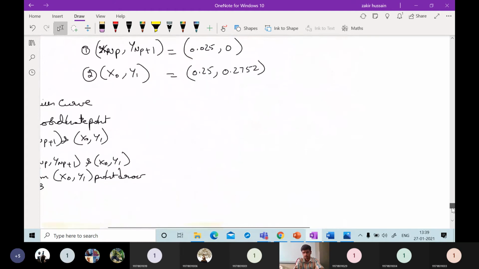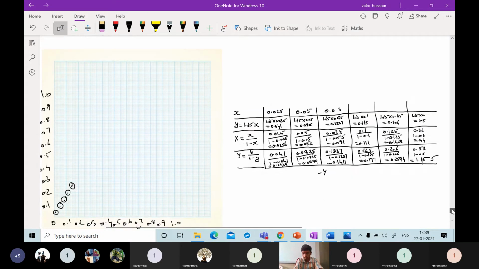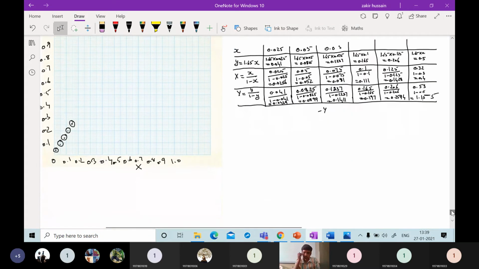Okay, then the last data point is this one, 0.4.